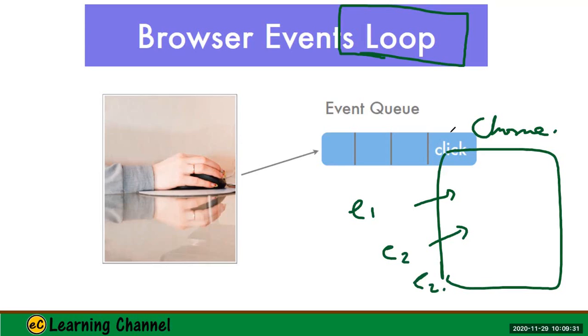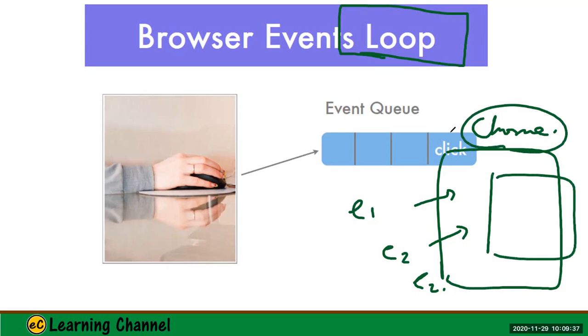Chrome's processing engine has your DOM, your object space, and also one thing called the event loop. JavaScript also has an event loop, and the event loop actually is a process. It actually is a function, waiting over here.